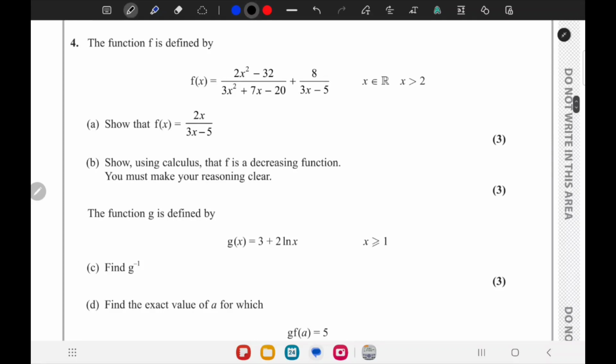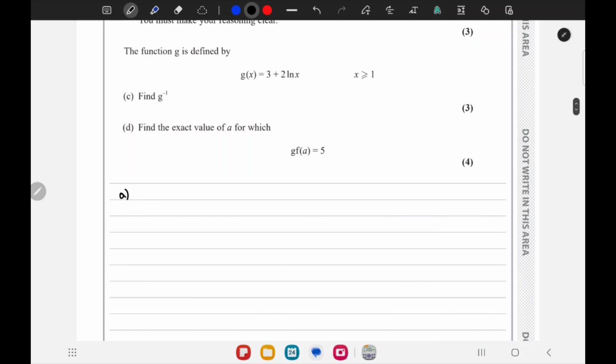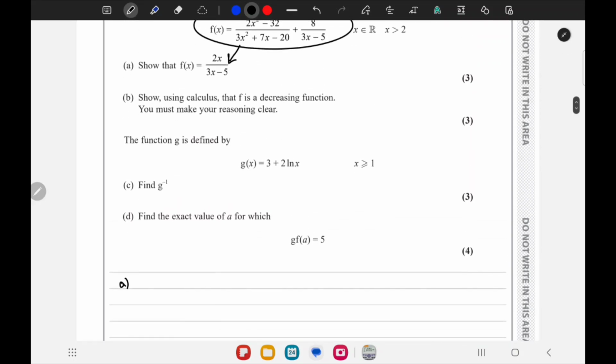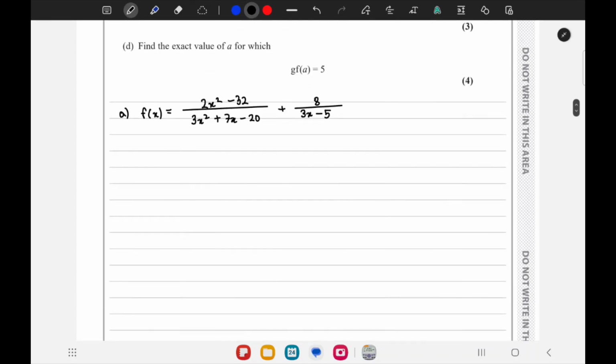Now on to question 4. We have to show that this function over here can be written in this form. So question A, let me copy the question. If we check the roots of this quadratic, we'll find that this can be factorized in this form.